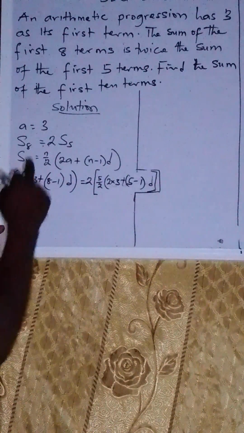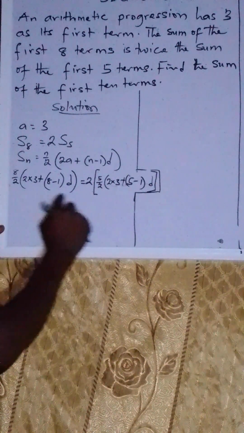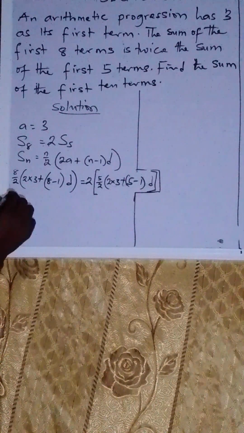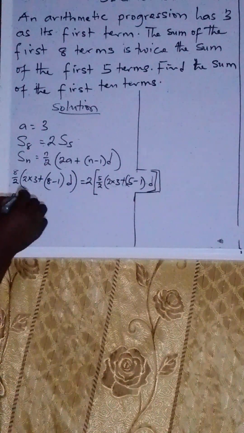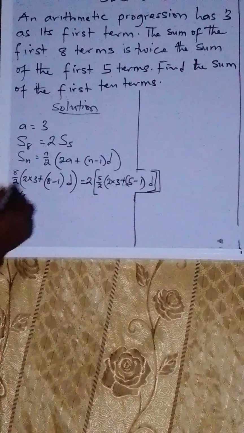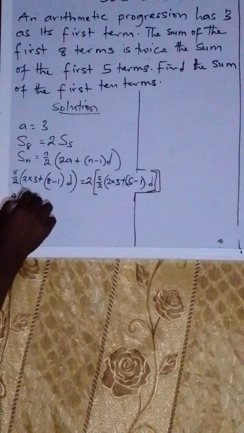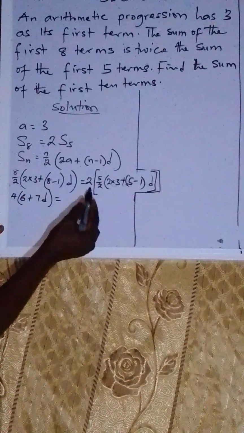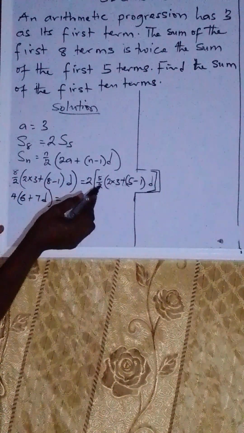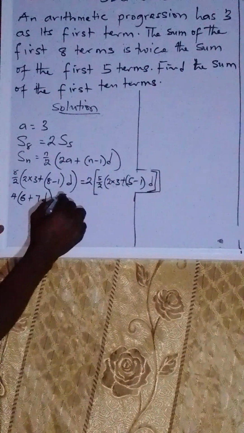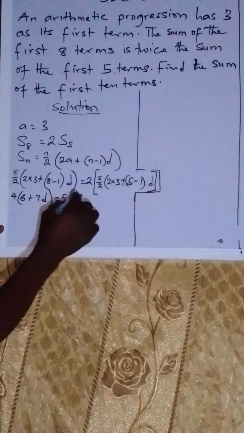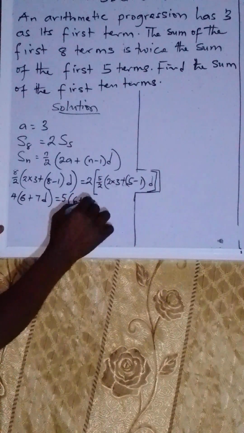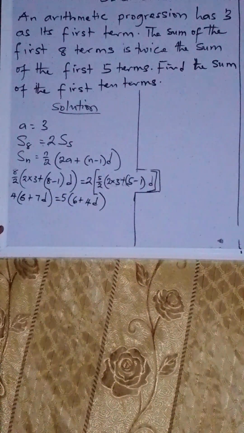Now this expression is the same thing as what we have here after substitution. So we now have 4 open bracket, 2 times 3 is 6, plus 7d, close the bracket, equals, we cancel these two, so we have 5 open bracket 6 plus 4d, close the bracket.